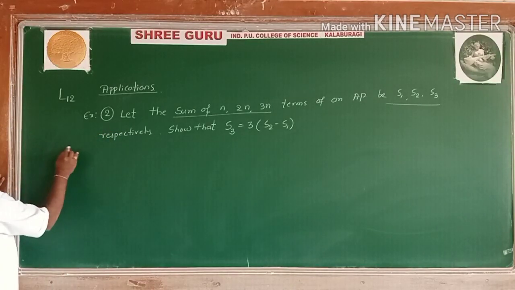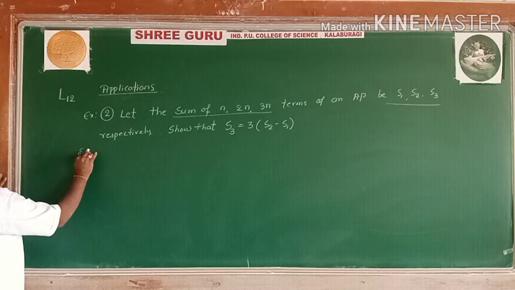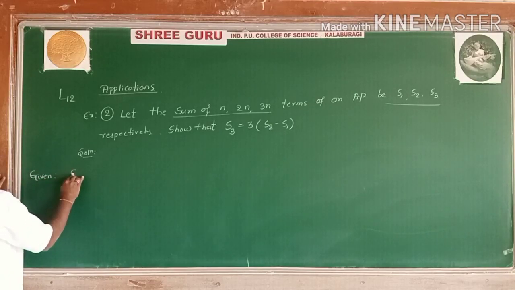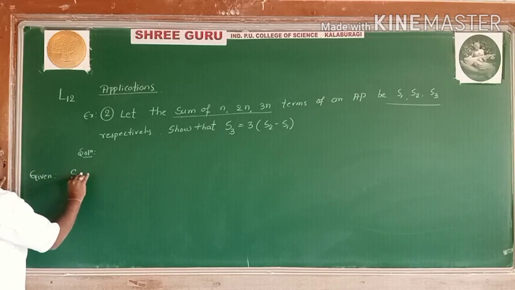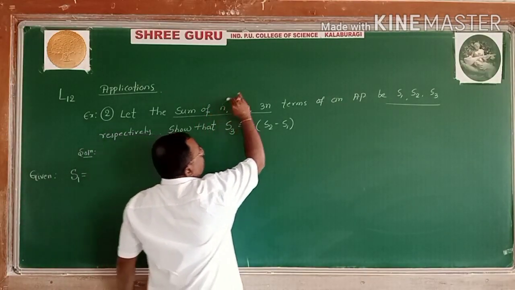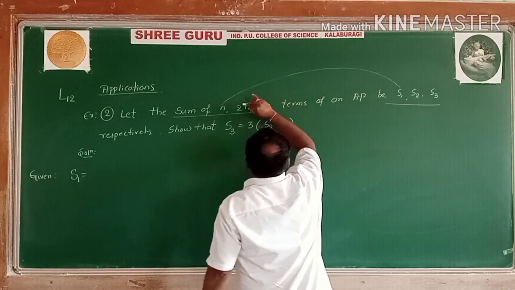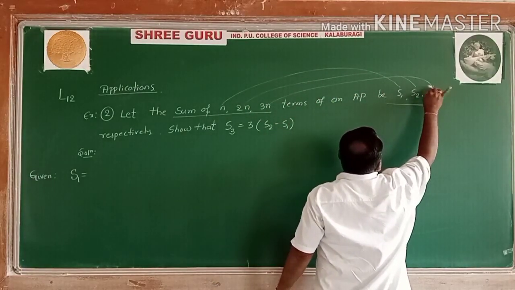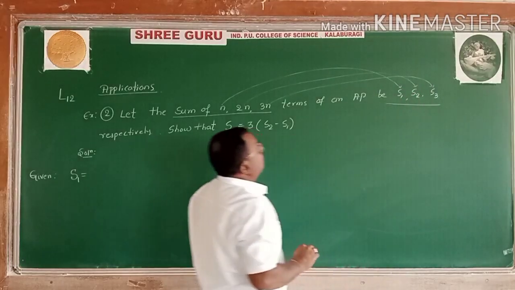Respectively means, in the solution, given what? S1 is respectively this: n is S1, 2n is S2, 3n is S3 respectively.